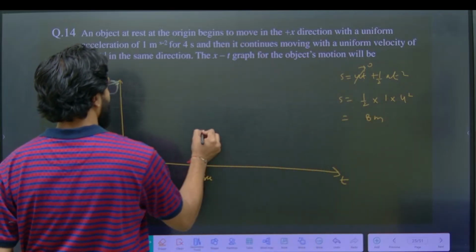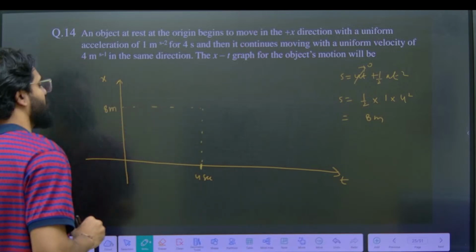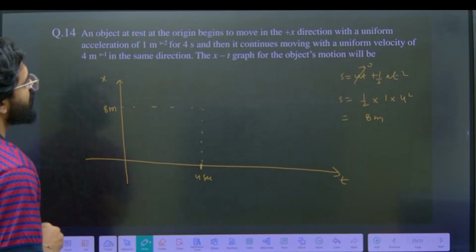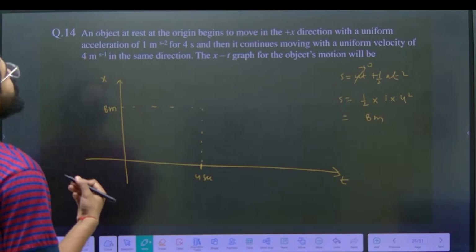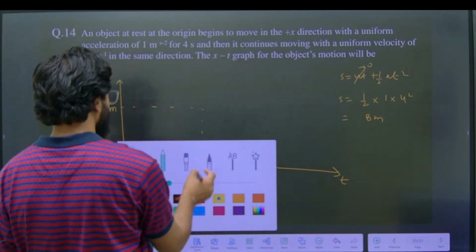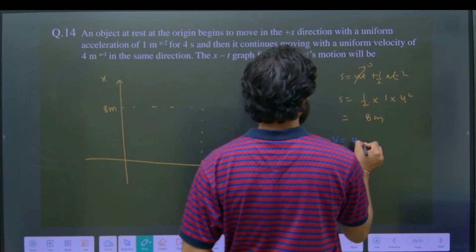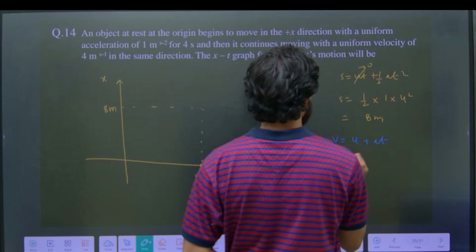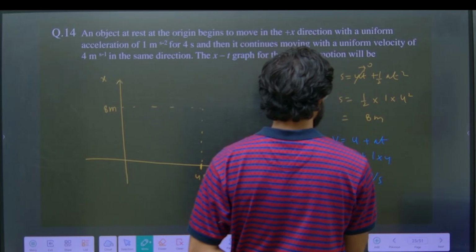Then after that it is continuously moving with uniform velocity. Whatever velocity he is getting over here, he will have the same velocity. So v equals u plus at, 0 plus 1 into 4. So it will continue to move with 4 meter per second, right?